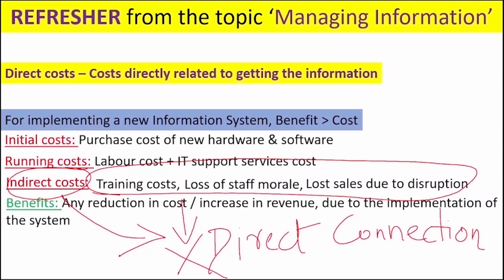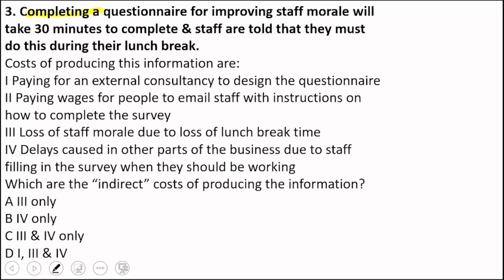Now let's move on to question number 3. Completing a questionnaire for improving staff morale will take 30 minutes to complete, and staff are told that they must do this during their lunch break. Cost of producing this information are. So there are 4 costs that are given.